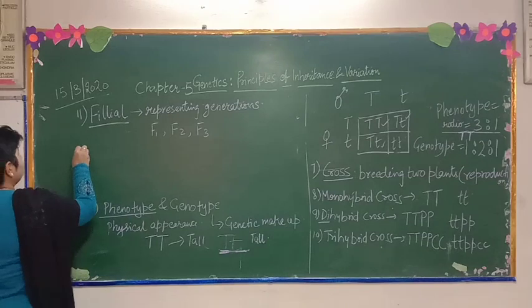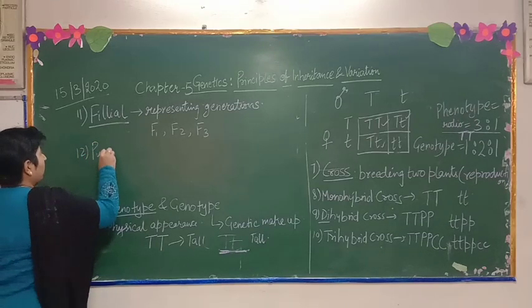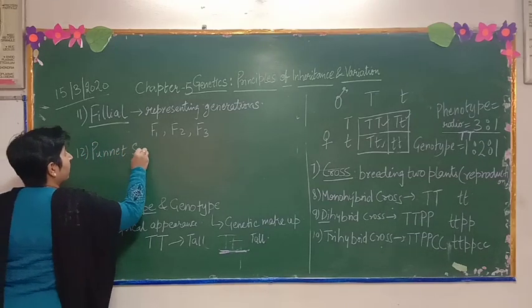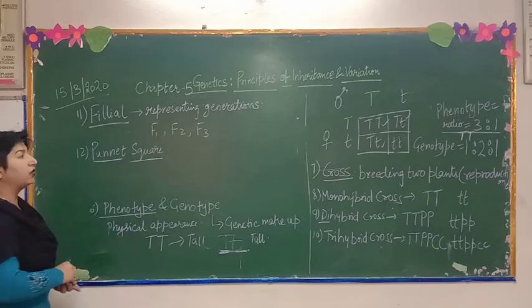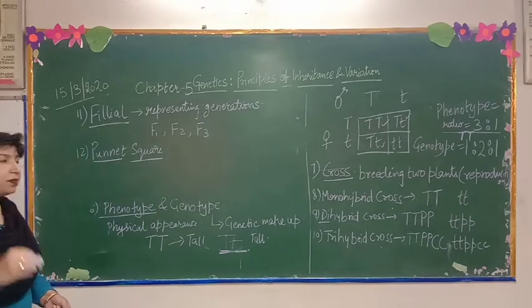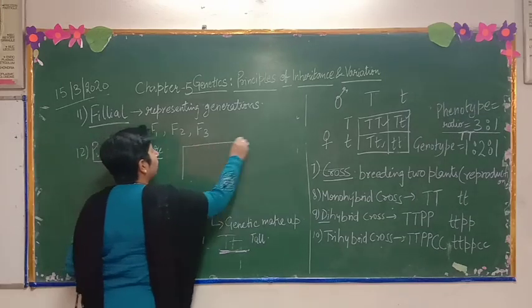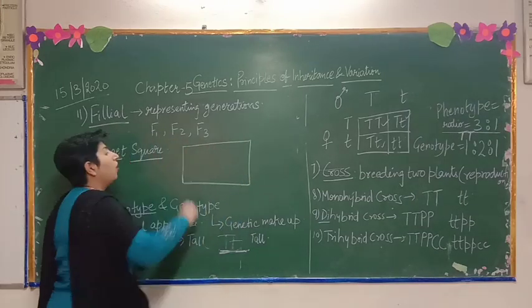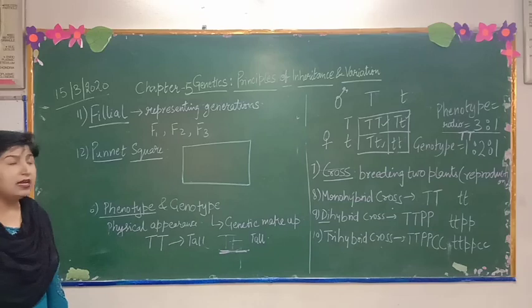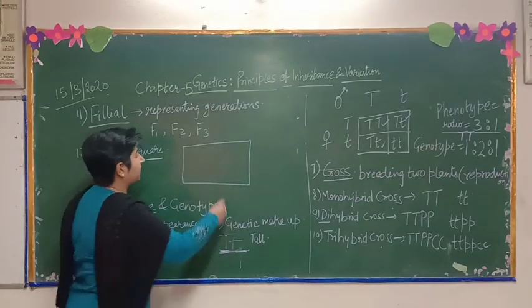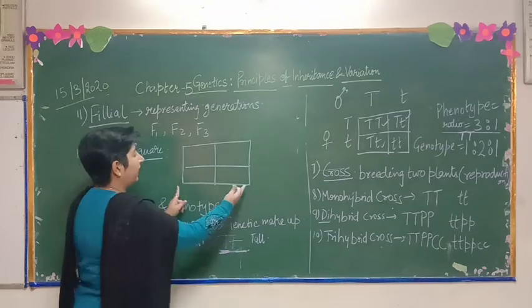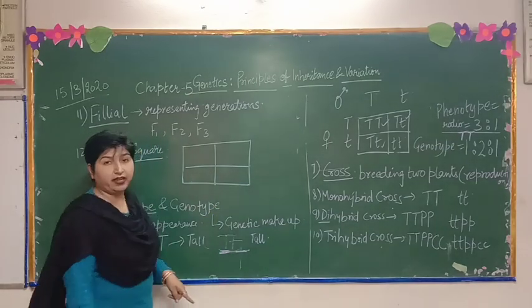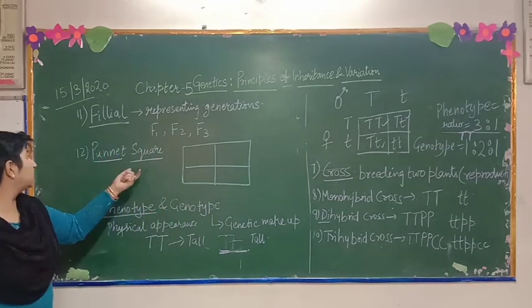Next comes Punnett square. A Punnett square is a mathematical or pictorial representation of the various genes, showing how the genes are segregated and appear in the next generation, with the help of a table. That is called a Punnett square.